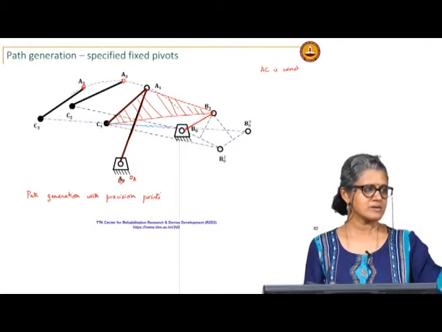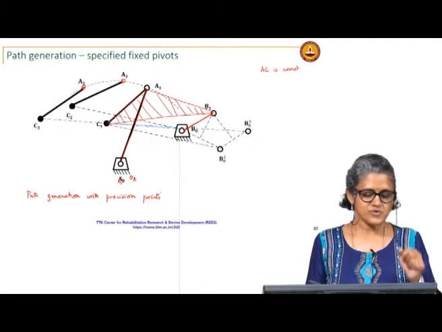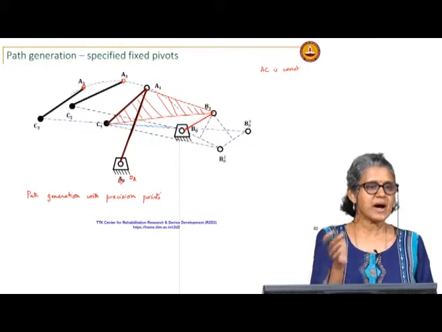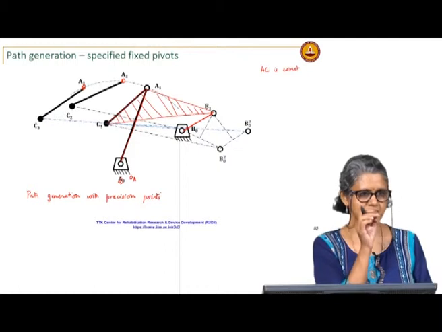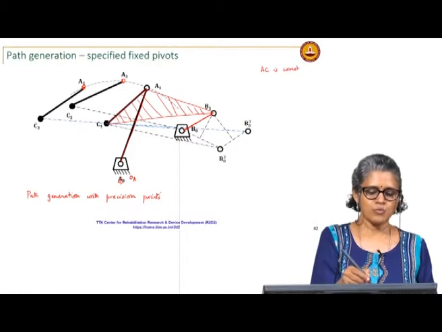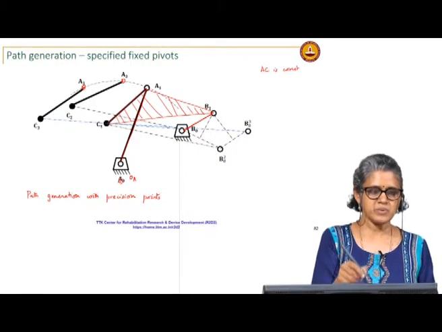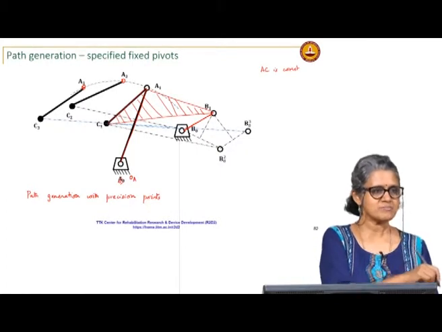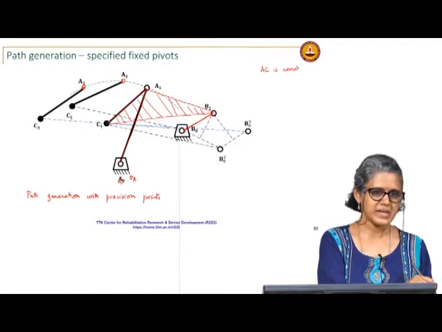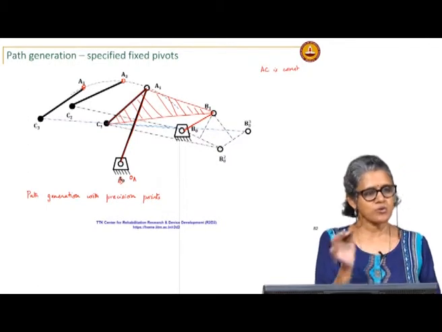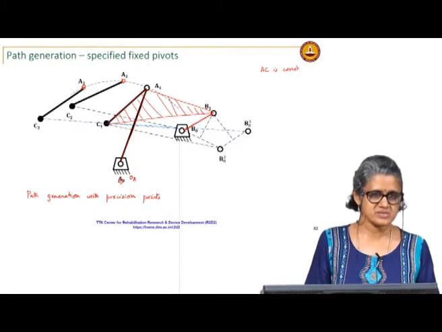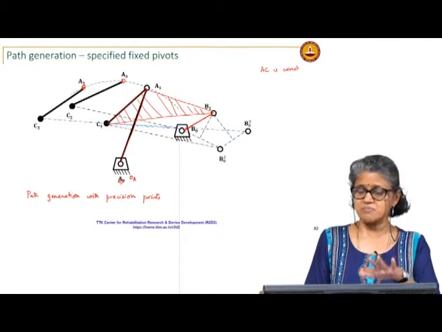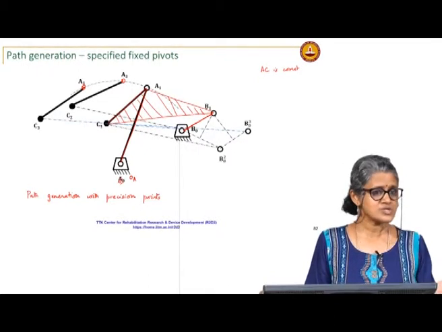So, we are not really looking at a path per se, we are saying we want a coupler point to reach certain positions on the plane, and I do not care about what the orientation of the coupler is when it is doing that. That is why it is a path generation and not a motion generation problem.